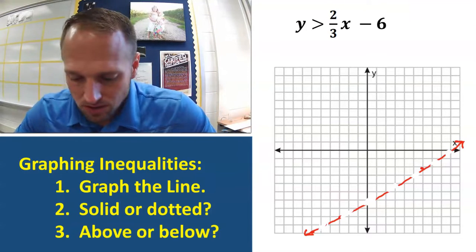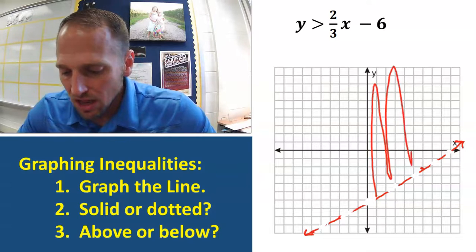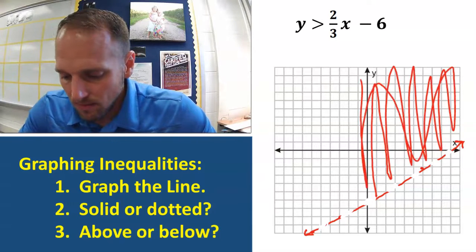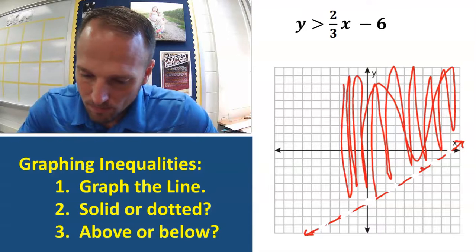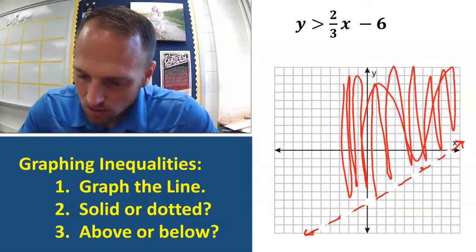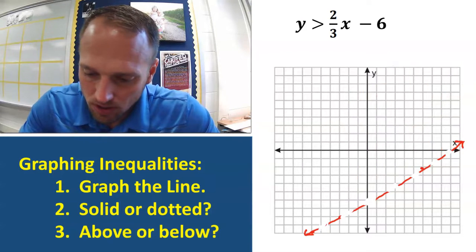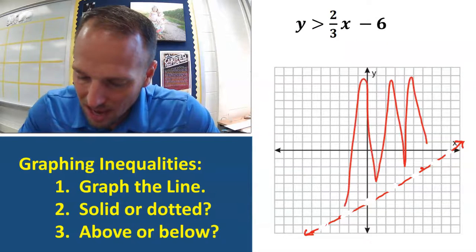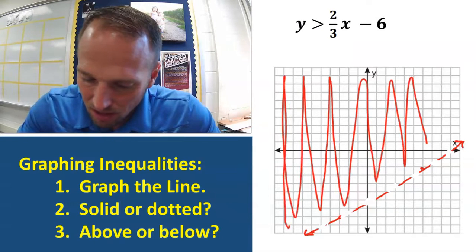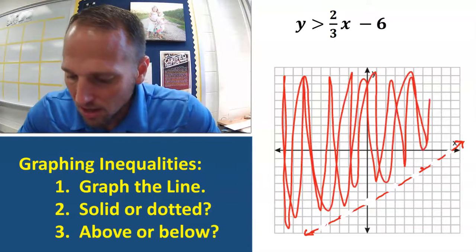So we're going to come over here to this line, and we are going to shade everything up here. And all of a sudden, my pen stopped drawing. Let's see if I can get it back. We're going to shade everything up here. All right?